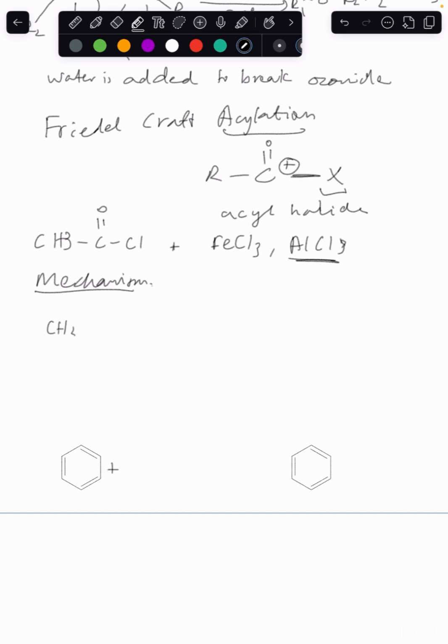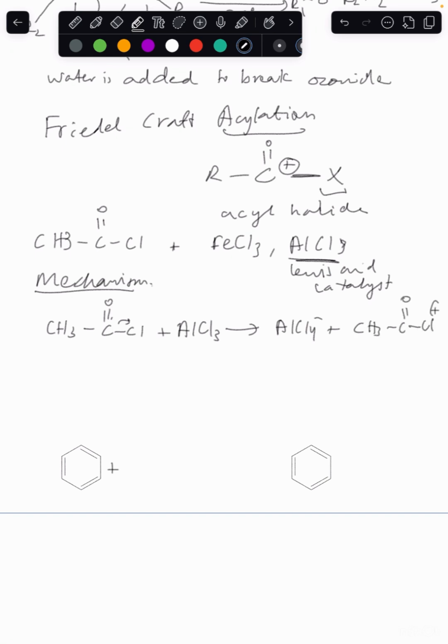An electrophile is generated by combining this acyl halide with AlCl3, which is a Lewis acid catalyst. We'll combine with that, and AlCl4 minus will be formed, and this will be the generation of the electrophile.